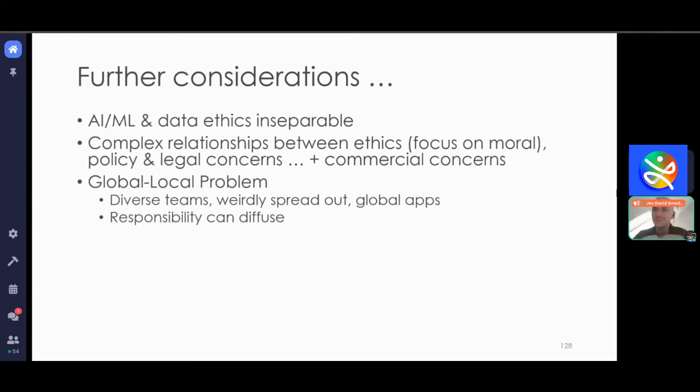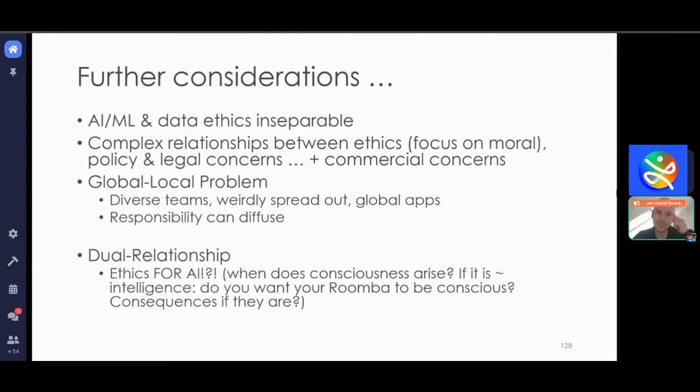We just built the system, we thought it's for this purpose, and then suddenly something goes completely wrong. There's, interestingly, and this is a bit of a provocation as well, also a dual relationship, arguably, eventually, where we may need to think about ethics for AI. But I don't want to diverge on this too much. There's, of course, this whole debate: does consciousness arise?